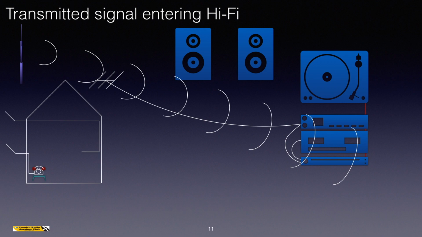Now, the hi-fi may have the appropriate certification for the EU EMC directive, but the sheer level of the signal may overwhelm the protection within the equipment and cause interference. So that is an example of direct pickup, where the signal just simply blasts into the electronics directly.